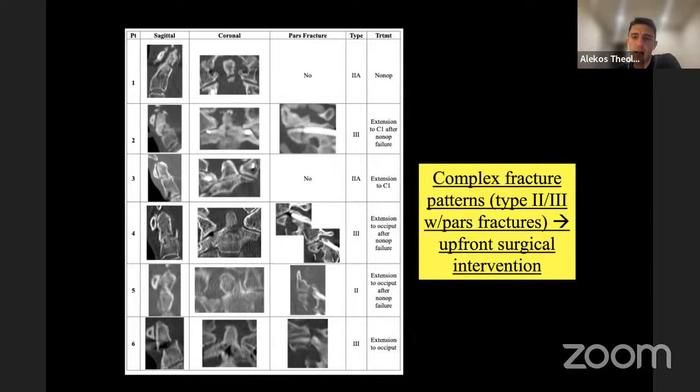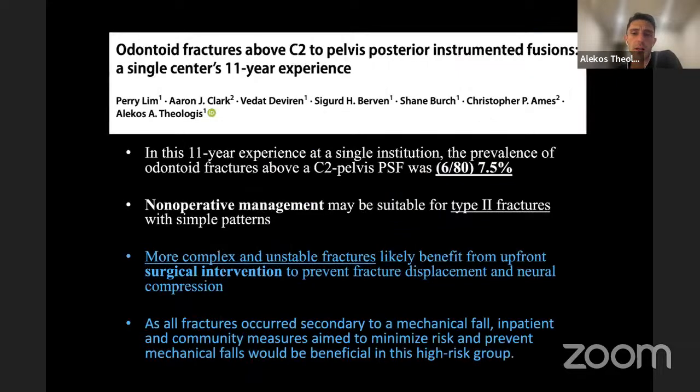Ultimately, what we found is that those patients who had complex fractures, either type 2 or 3 with associated pars fractures, all of them treated non-operatively failed. So one of the take-home points for us was that these require upfront surgical intervention, while some of the simpler patterns like patient 1 and patient 3 can be treated non-operatively. So this is a 7.5% prevalence.